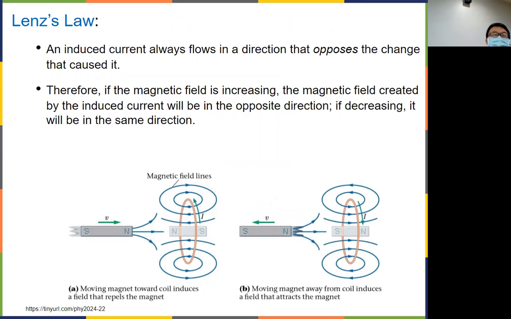The minus sign in the equation comes from Lenz's law, which says the induced current always flows in the direction that opposes the change that caused it. Then you can use the right-hand rule to determine the direction of the induced current in the coil if the magnet is going toward the coil or away from the coil, in those two cases.